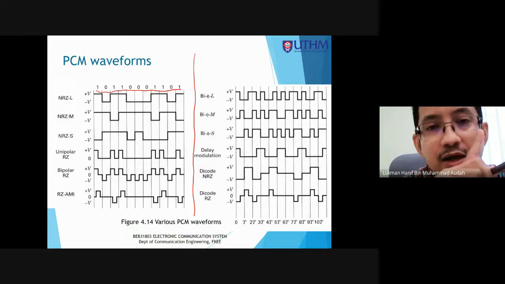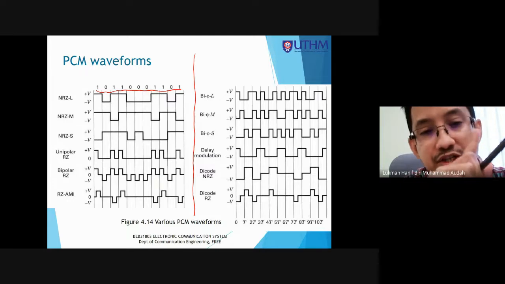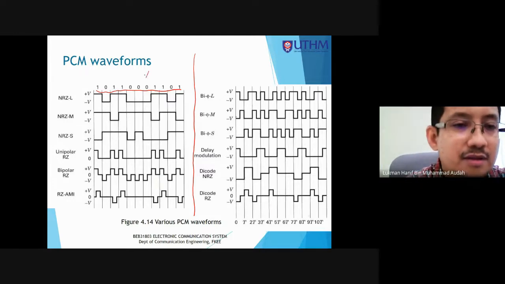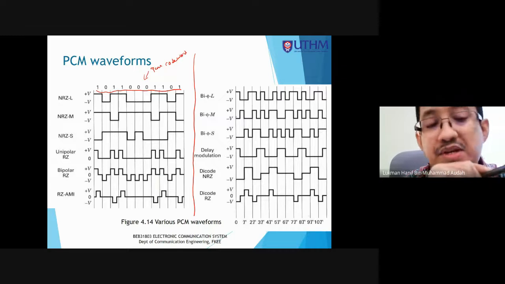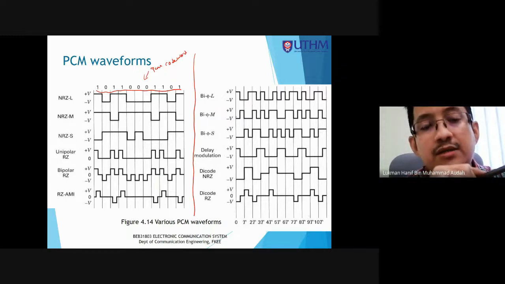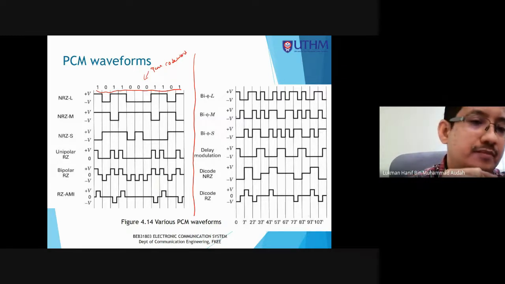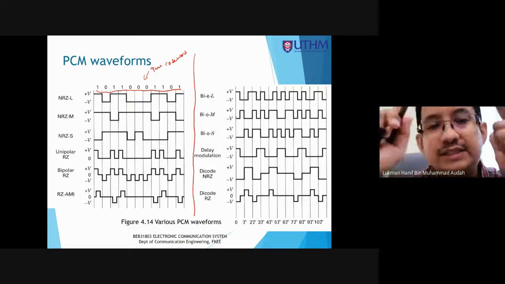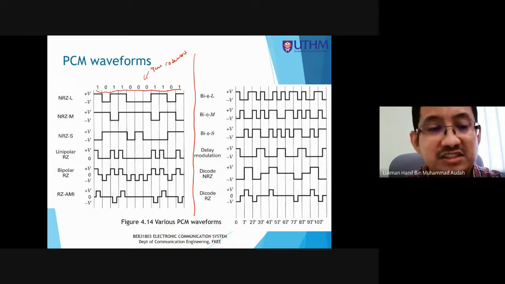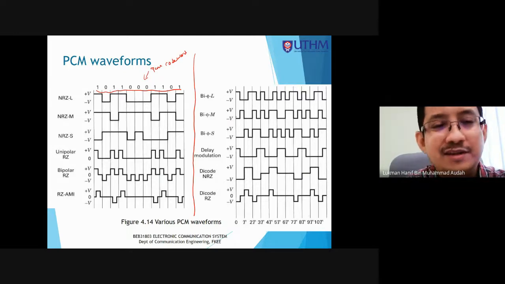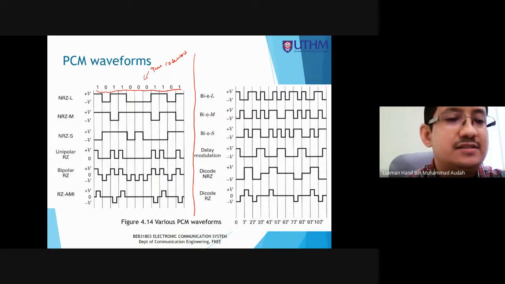Sekarang ini, now our input is digital. PCM code word ini adalah digital input. Kita nak menghasilkan digital output dalam bentuk pulses. Okay, so how can we convert code word into pulses?